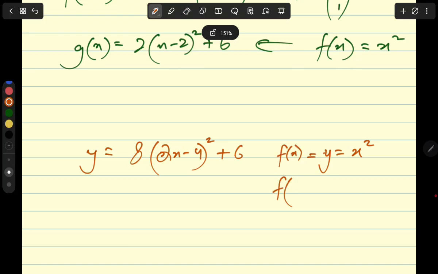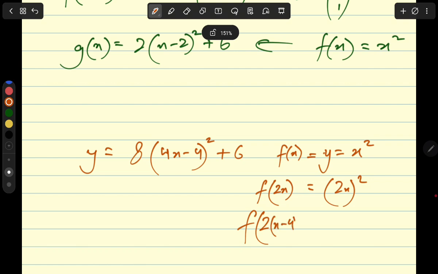First of all this was f of 2x, so this became 2x whole square. And then it was 2x minus 4, or you would do x minus 2, so now this became 2x minus 2 whole square.